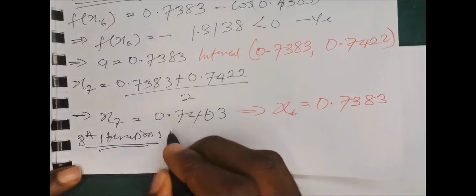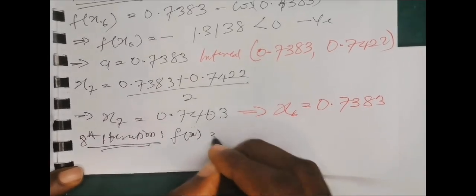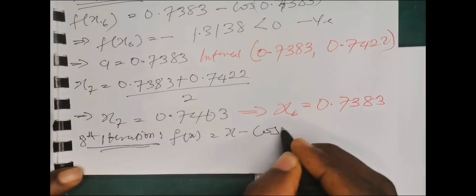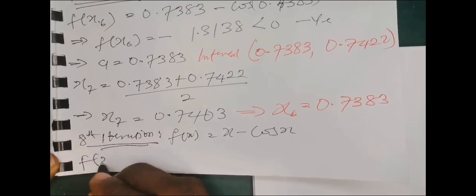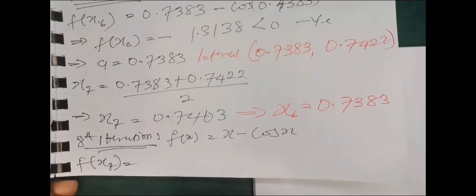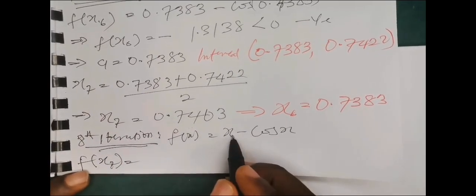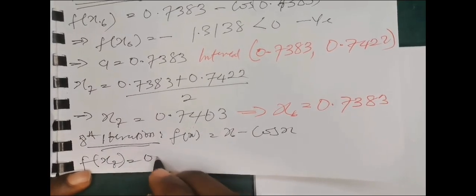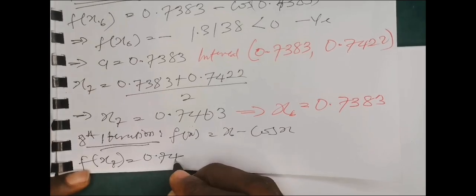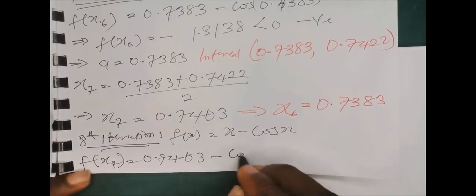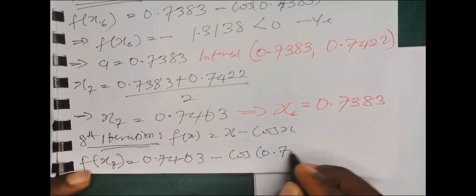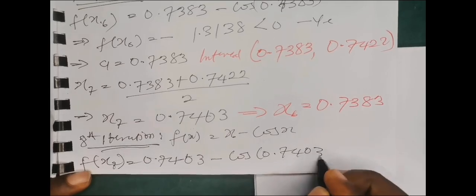Okay, so not forgetting f of s equals s minus cos x. So we'll find f of s7. This is going to be equal to, in place of s, we'll plug in s7, 0.7403, minus cos 0.7403.